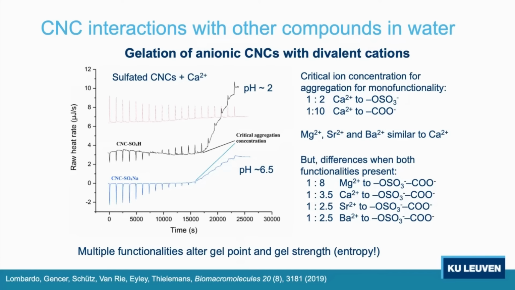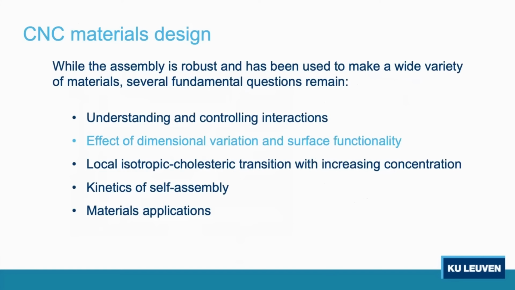So with multiple functionalities, you have more control over the strength of your gel and how your system actually gels. So maybe we should stop making monofunctional materials and start thinking about adding multiple functionalities, because it'll give us more control. Of course, it'll make it more difficult, but we'll figure it out, and it gives us a little bit more work.